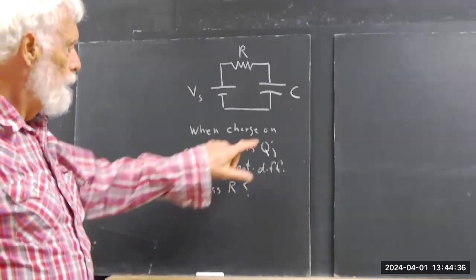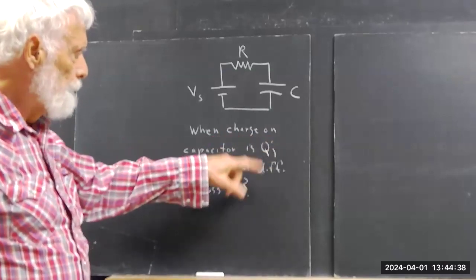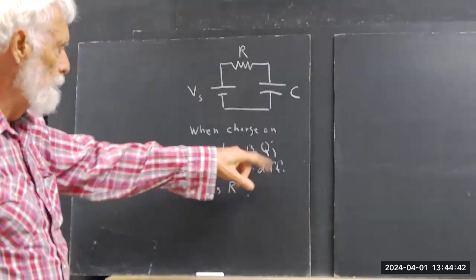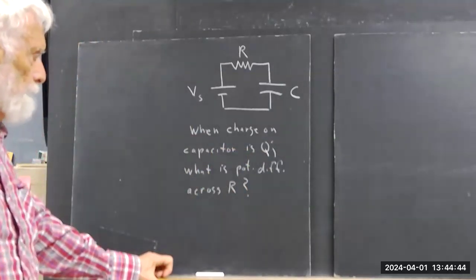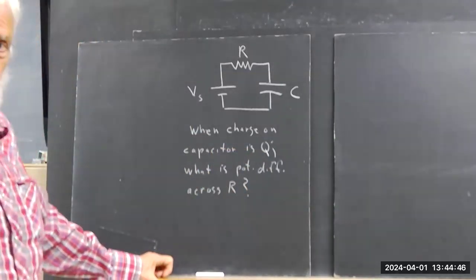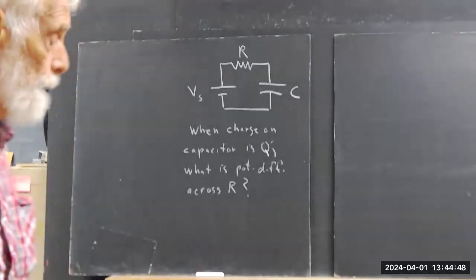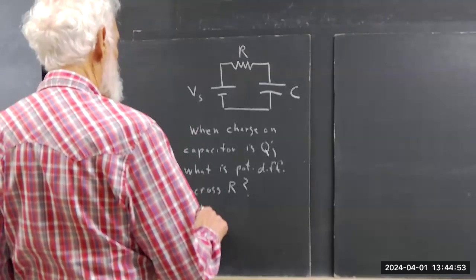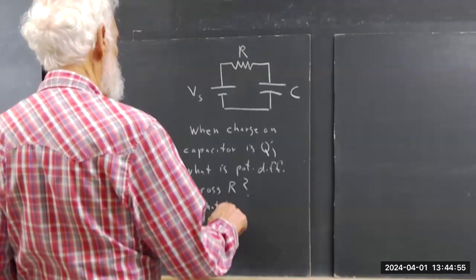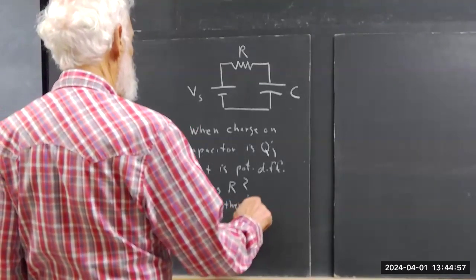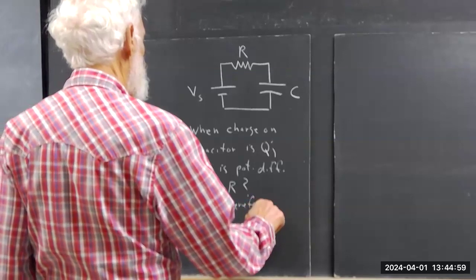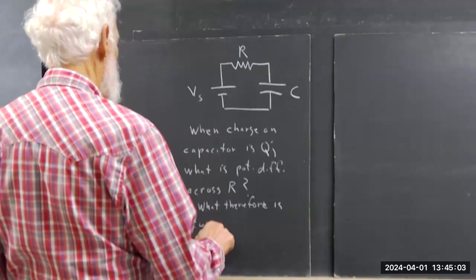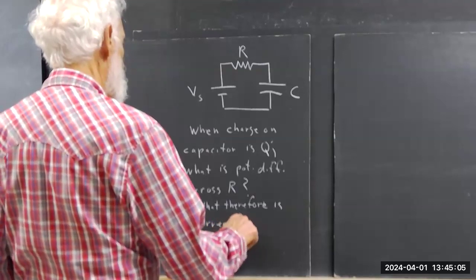When the charge on the capacitor is capital Q, what's the potential difference across all? And what therefore is the current?